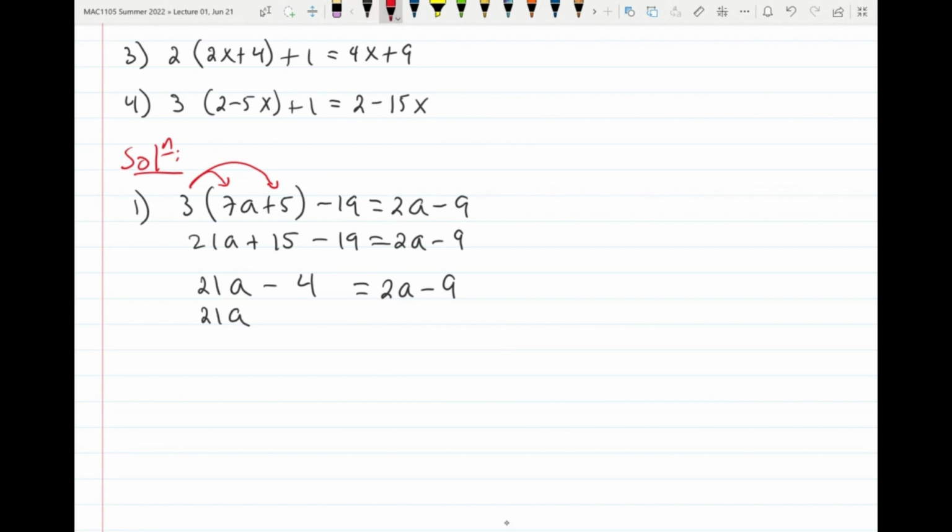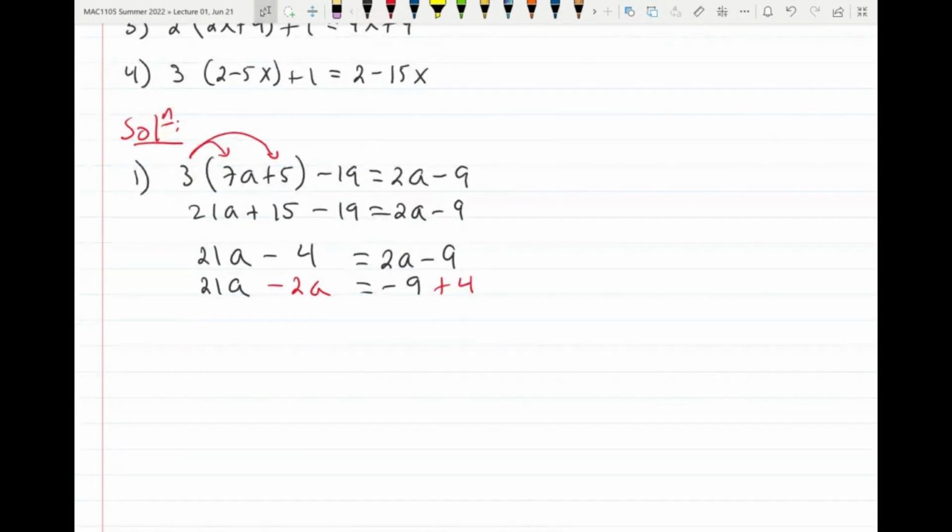So the 2a, I bring it here negative, and then -4, I bring it over here positive. Just change the sign. Now, combine. So we get 21 minus 2, 19. So that's 19a equals, what is this? -5.